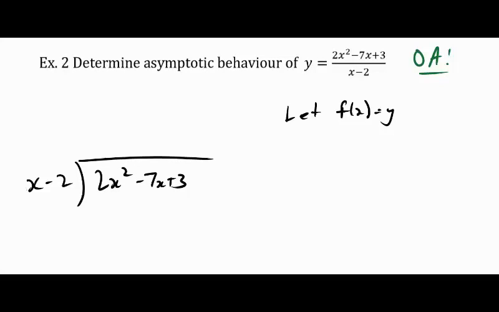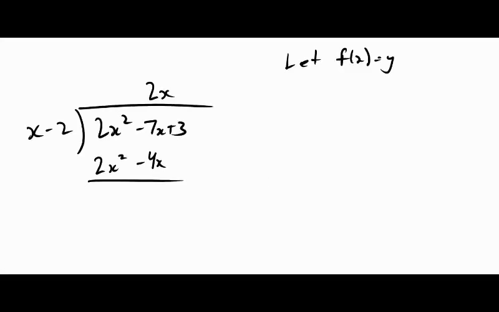X goes into 2x squared is how I would do that, right? Then I do this times this to get that term. And then I subtract. So negative 7x minus negative 4x is negative 3x.